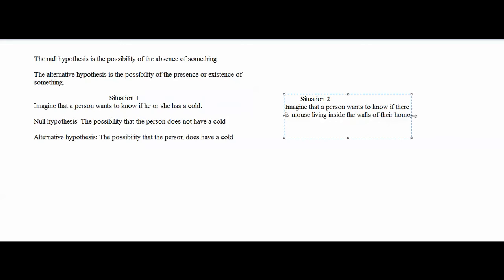In this situation, the null hypothesis would be the possibility that there is no mouse living in the walls of their home, and the alternative hypothesis would be the possibility that there is a mouse living inside the walls of their home.